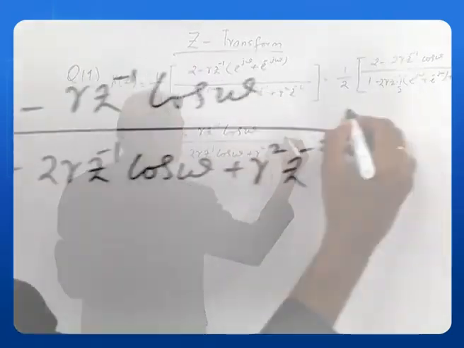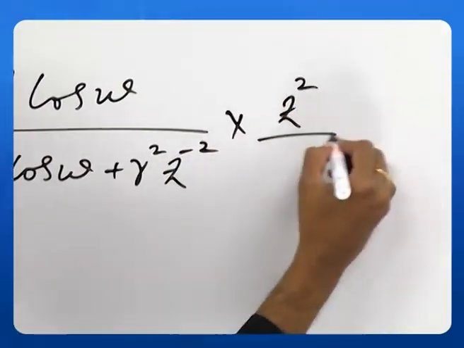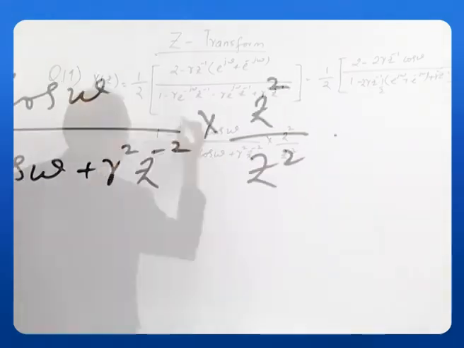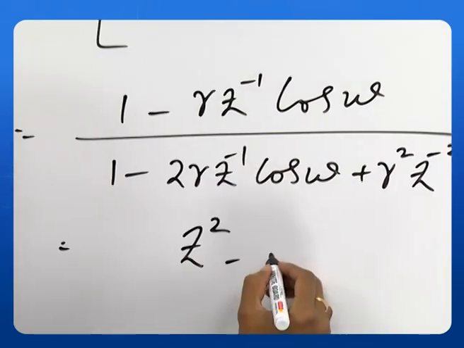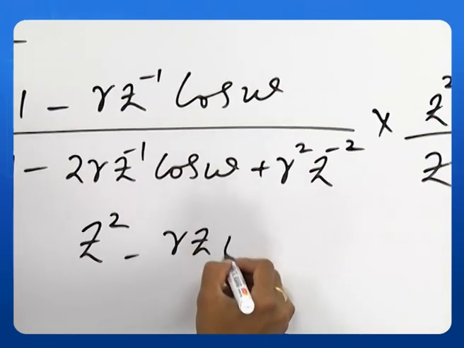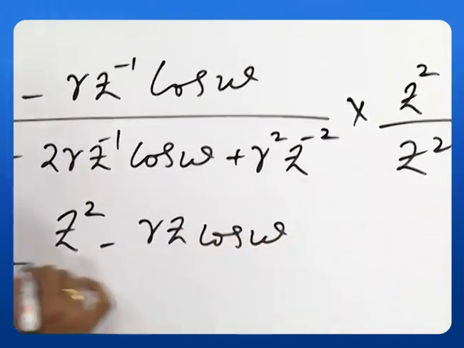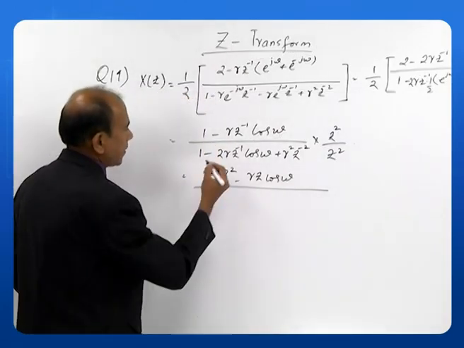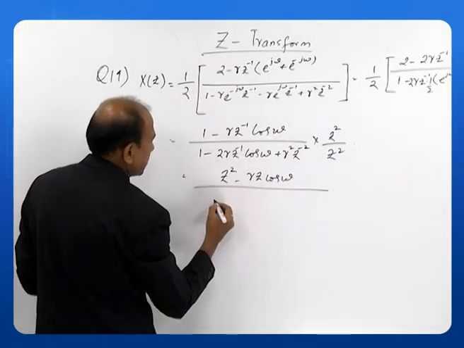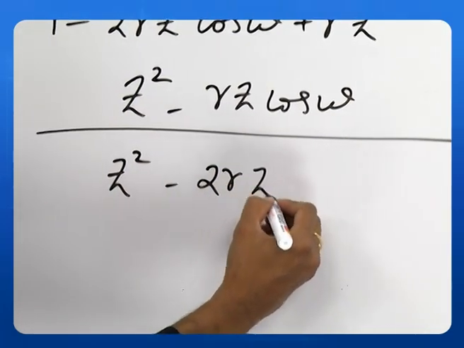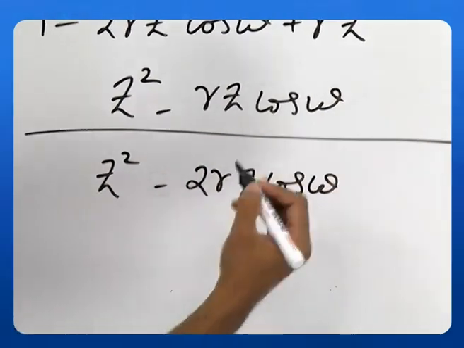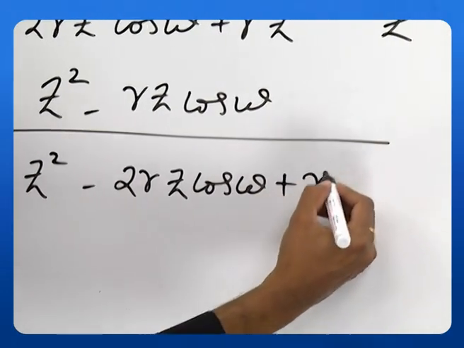Now what I will do is divide this and multiply by z square here. So this will become z square minus rz cos omega, then this I can multiply, so this will be equal to z square minus 2rz cos omega plus r square.